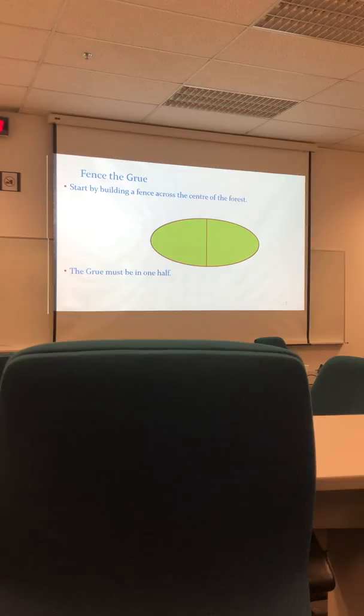Then again, if the area is still too big, we use the blue horn again to detect which part of the forest it's in. Once the blue horn detects it, we can cut this half into half again. If it's somewhere here, we can just cut it here. So you fence the monster in a smaller area every step.